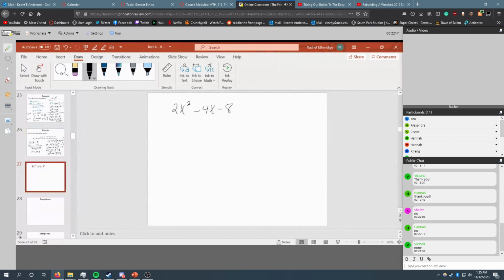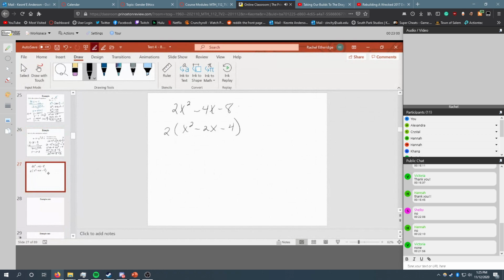This has a GCF, so I don't want to try to factor that before I factor out a 2. So I factored out a 2.